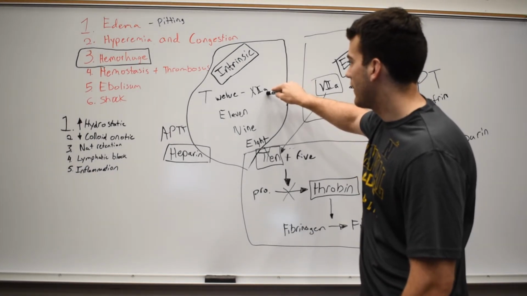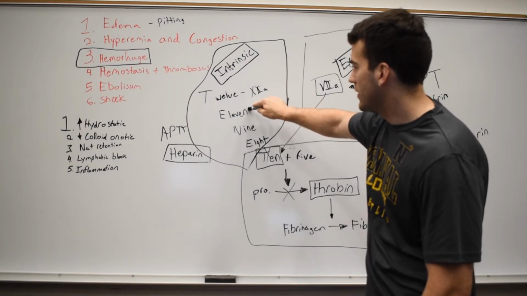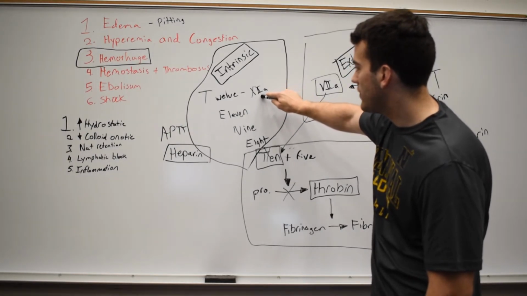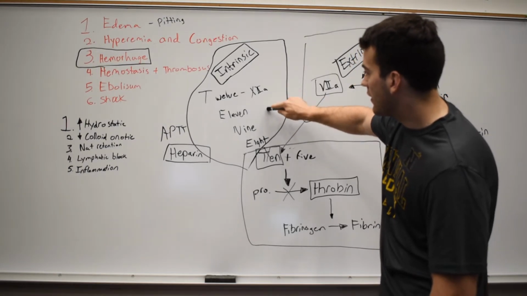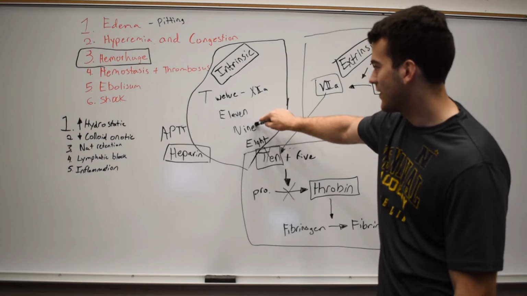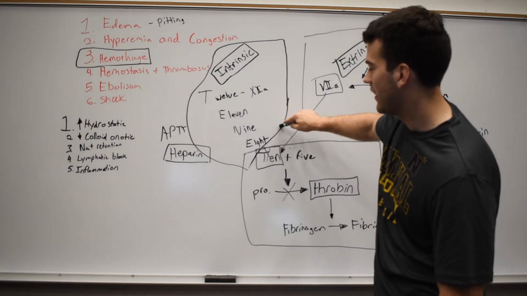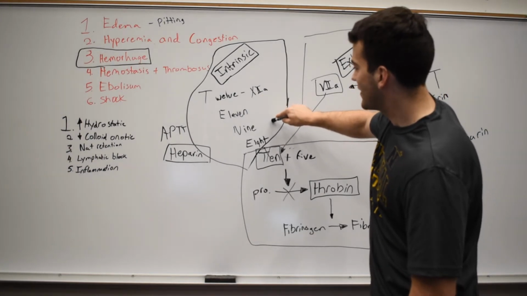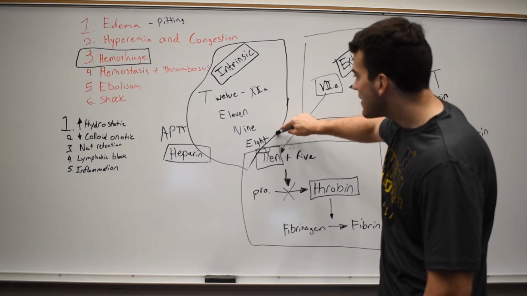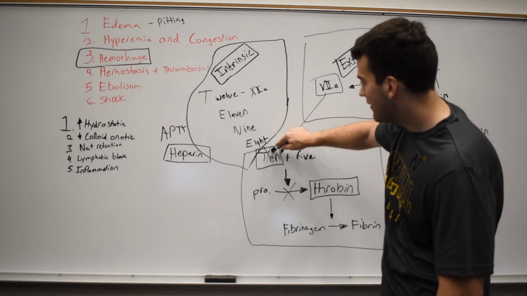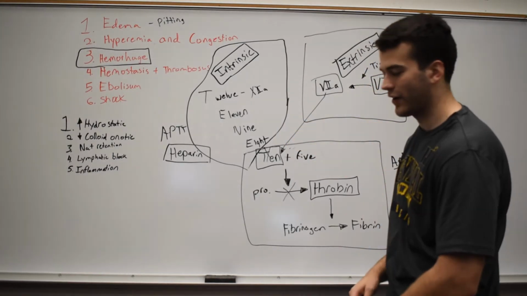So when we get 12A, we come to 11, and 12A is used as an enzyme to convert 11 into 11A. And 11A is used as an enzyme to turn 9 into 9A, okay? And then 9A is used as an enzyme to turn 8 into 8A. And then 8A is able to turn 10 into 10A, okay?